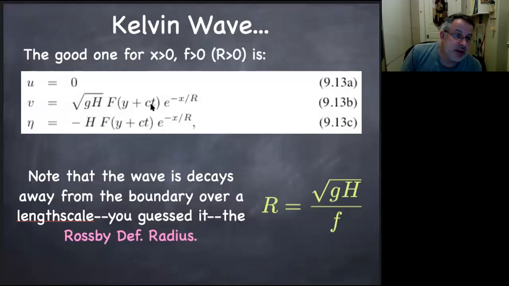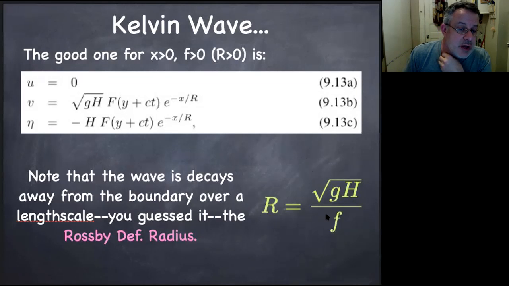In the southern hemisphere, you get the coast on the left. So here's the Rossby deformation radius, square root of gh over f, which is just a combination of parameters. But if you take my GFD class, we'll spend an awful lot of time talking about the significance of this particular length scale. It's a length scale that's convenient, built out of the parameters in this kind of problem. In the ocean, for the external one, this is about 10,000 kilometers.